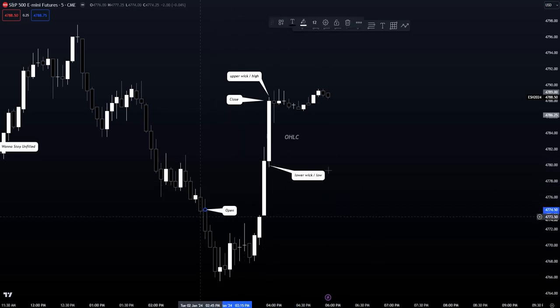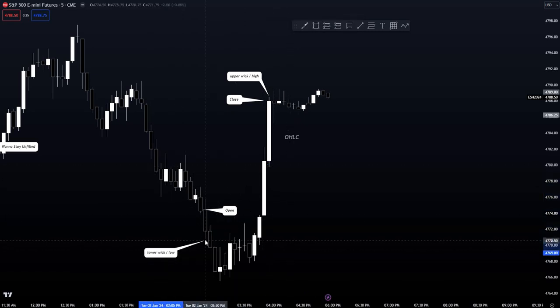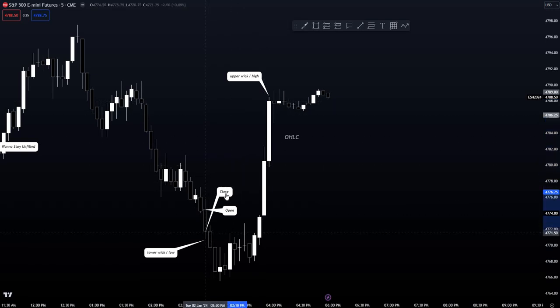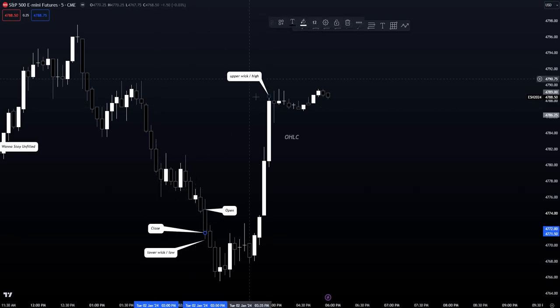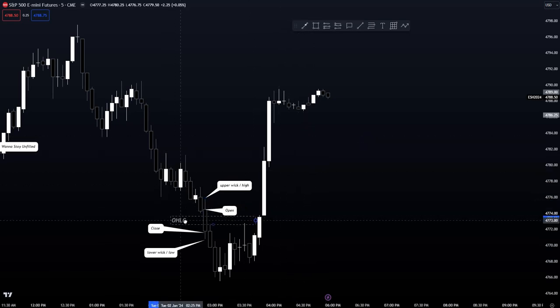So if we're looking at this bearish candle right here, let me move everything over. Everything would just be reversed except the high and the low. For the bullish candle, it would be open, low, high, close.